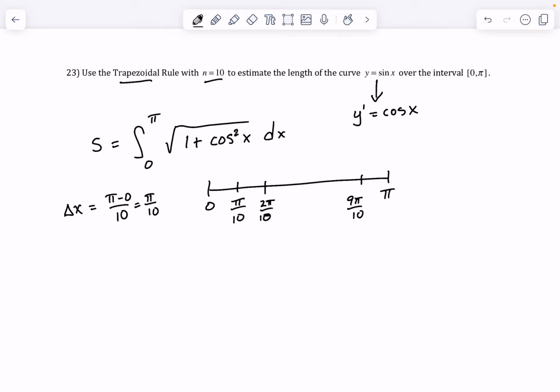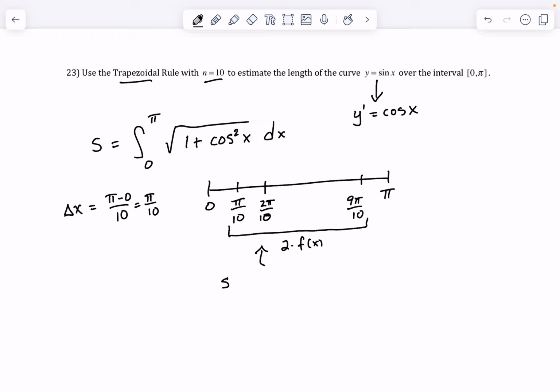And then remember with the trapezoidal rule, all of these, when you substitute them into the function, it has to be 2 times the function. So in fact, I'm going to speed things up, and I'm going to have the calculator do this part for me using the sum sequence.